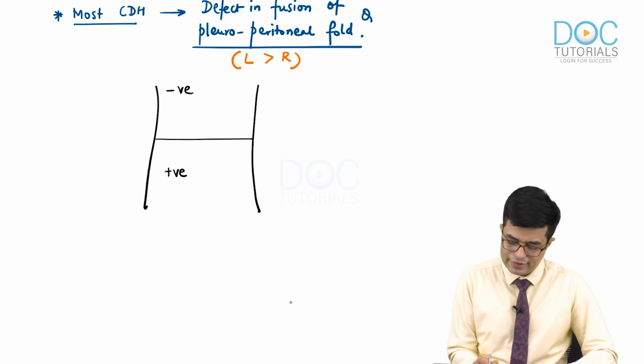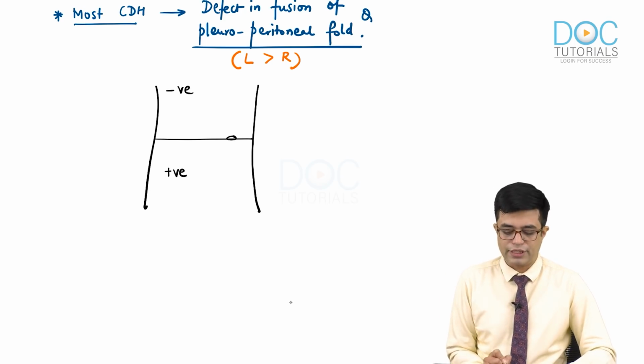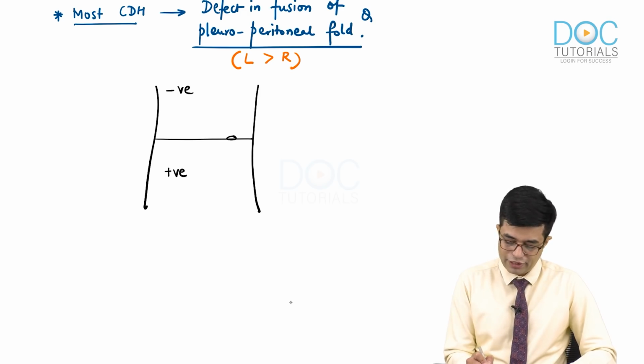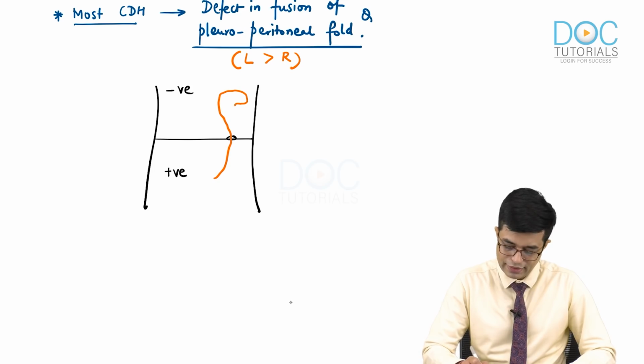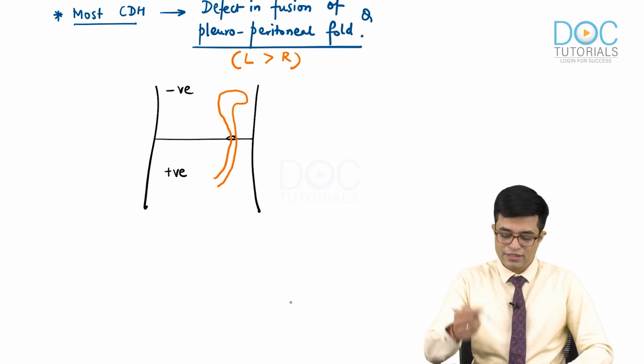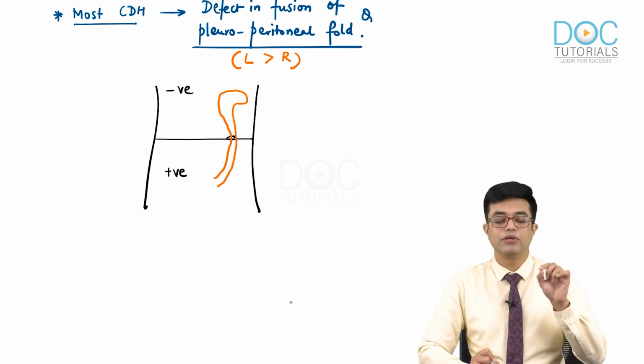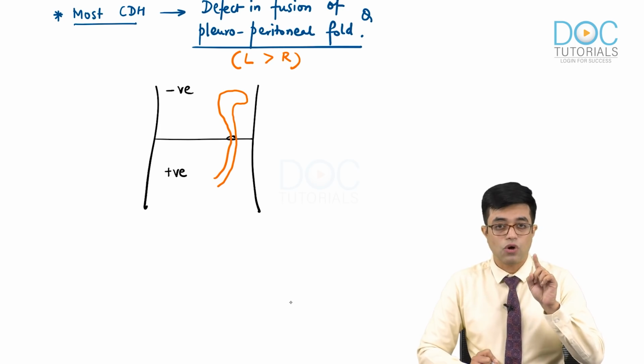So, in case there is a defect, which is more commonly on the left side, there is a gap like this. It will cause herniation of abdominal contents into the thoracic cavity. Imagine that an intestinal loop is now herniating into the thoracic cavity. It has occupied the space where future lung parenchyma is yet to form.